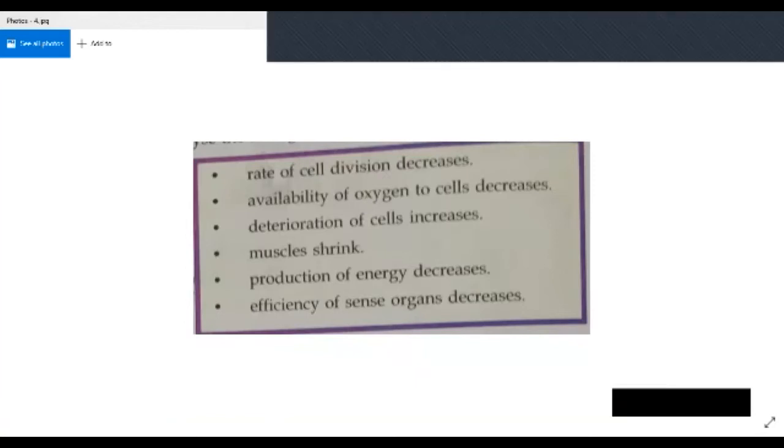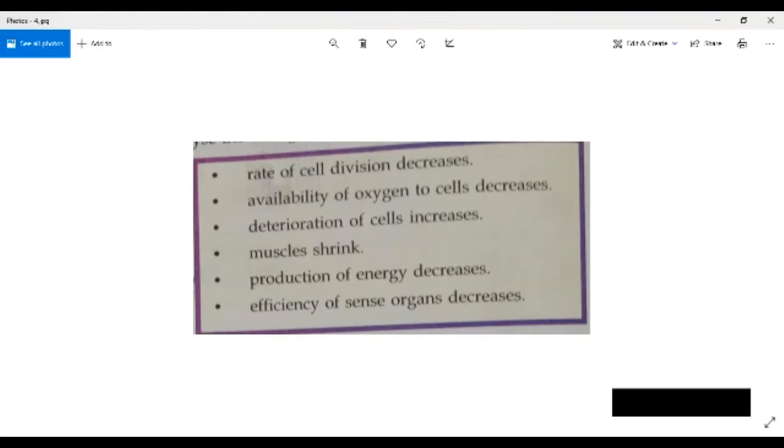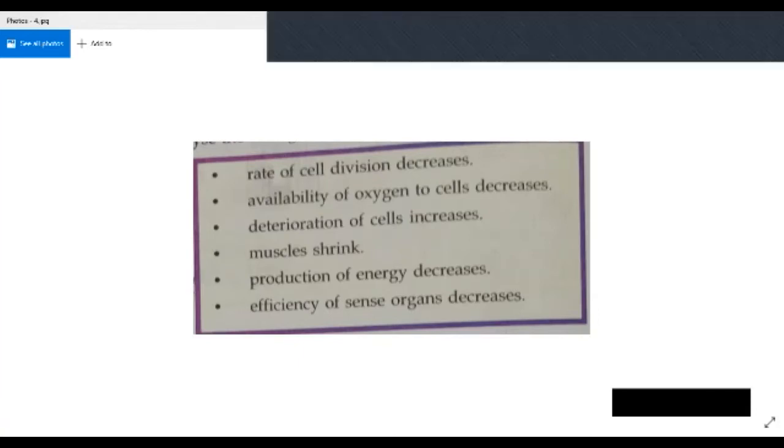Deterioration of cell increases. Then muscles shrink. Our muscles will shrink during the old age. Then production of energy decreases. Then efficiency of sense organs decreases. You all know that during old age there will be difficulty in hearing and eyesight will decrease.